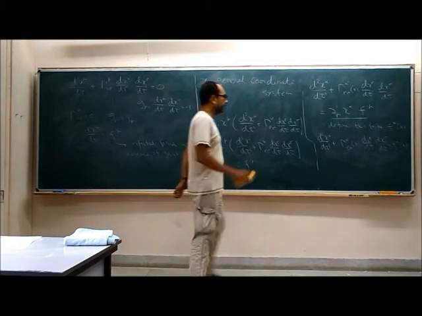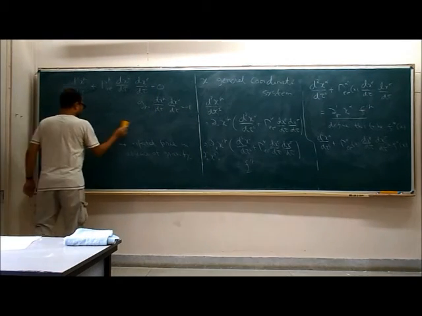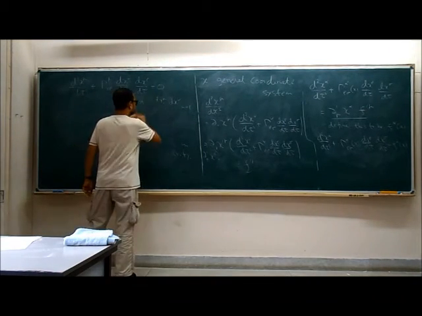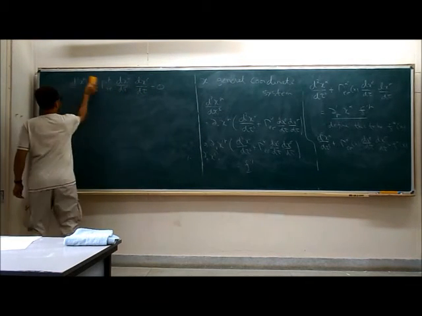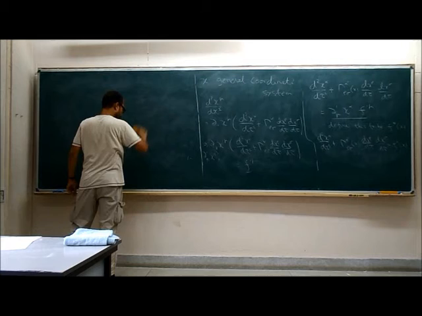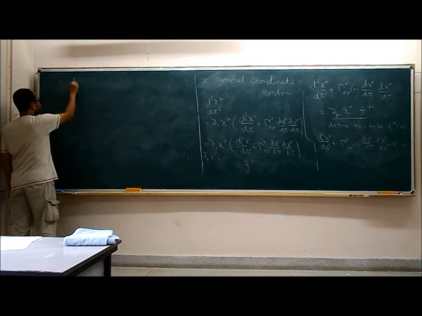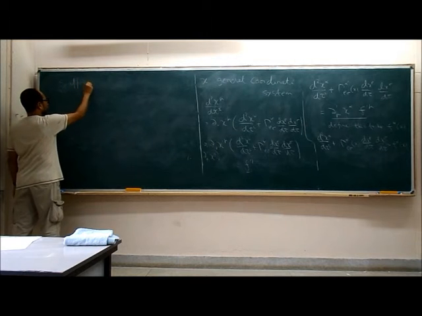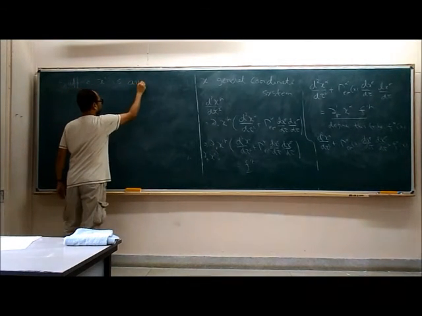Okay, now given this, we can ask the following question. Then suppose x double prime is another general coordinate system.